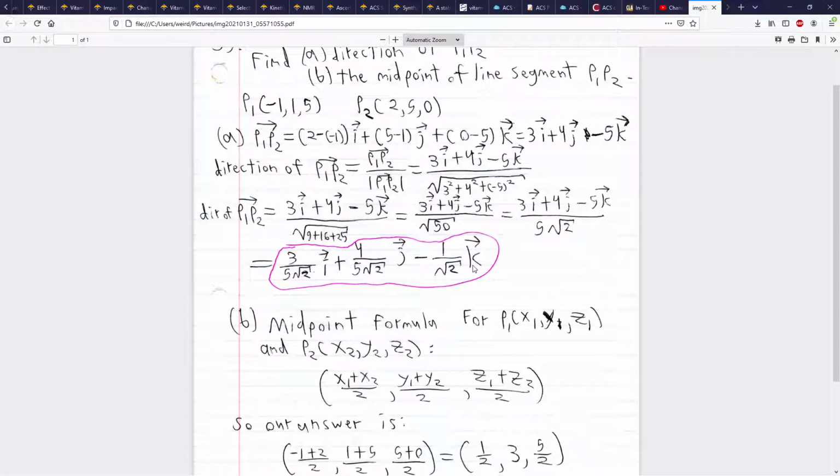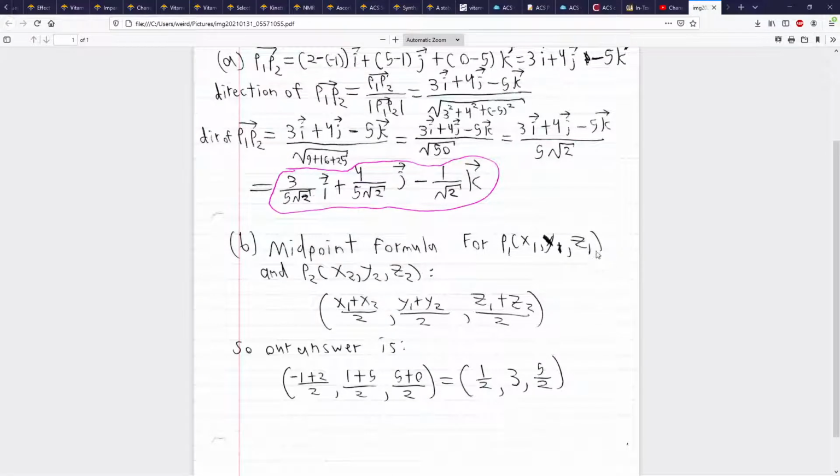The midpoint formula for any 2 points in x, y, and z is: x1 plus x2 divided by 2 is the x coordinate, y1 plus y2 divided by 2 is the y coordinate, and the z coordinate is z1 plus z2 divided by 2. You're just taking a simple average of 2 points.